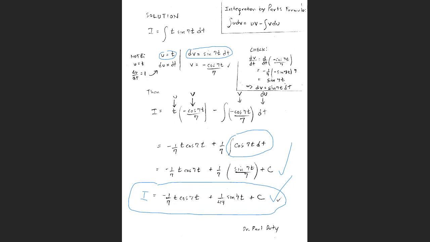If I had let u equals sine of 7t and dv equals t, we would have ended up with a more complicated integral when we did the integration by parts. So if things are getting more complex, then your choice of u and dv are not the right choices. And the only way you can get a feel for this is with practice.